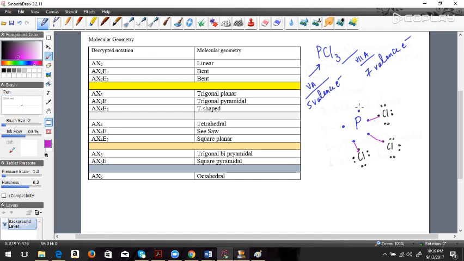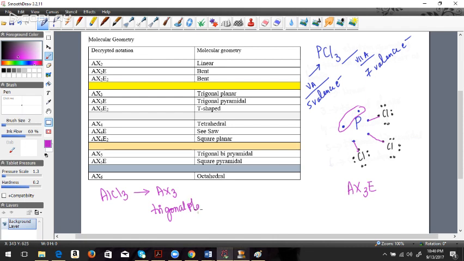Now if you notice, we have a pair of electrons left on the phosphorus, right? So let's go ahead and construct our structure. So it's AX3E, right? Now this is quite contrasting to AlCl3. If you go back to the last video in week 4, I said this is AX3, and I said it's trigonal planar.